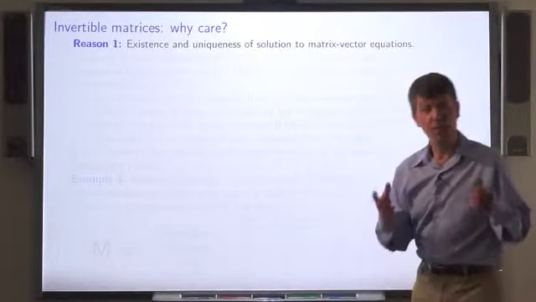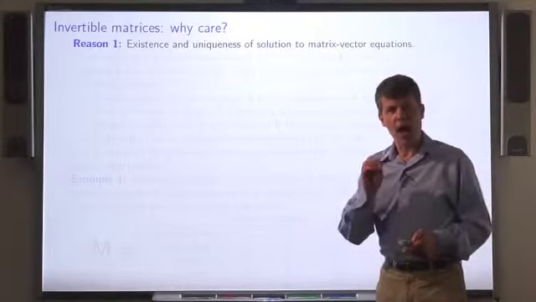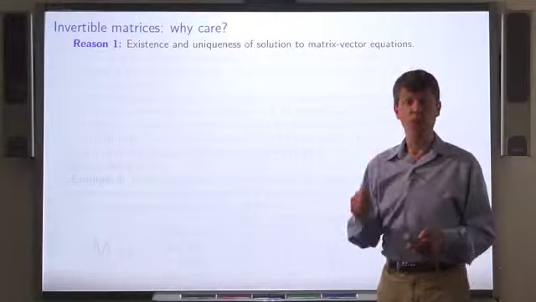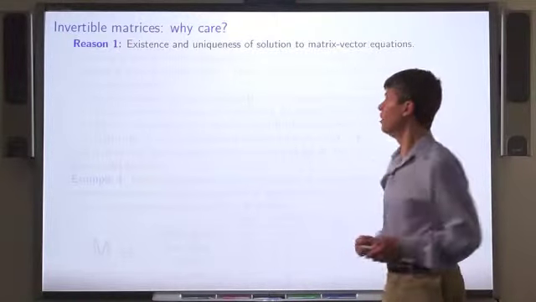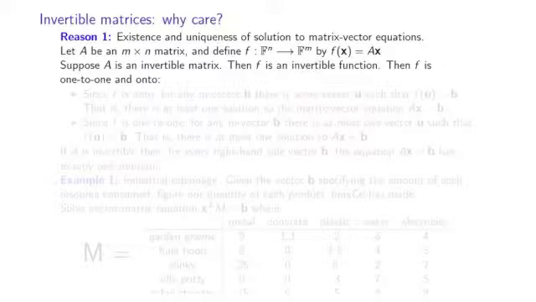Why do we care about invertible matrices? Here's one reason. A matrix vector equation is guaranteed to have exactly one solution if the matrix is invertible. Let's see that. Let A be an m by n matrix and define the function f by f of x equals A times x. Now, suppose A is an invertible matrix.